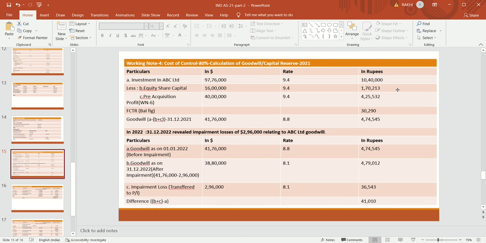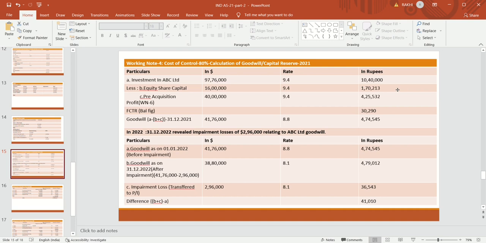And the opening balance of the goodwill on 1st January 2022 will be 41,76,000, and at the closing on 31st December 2022 there is an impairment loss of $2,96,000. That impairment loss is also to be taken into consideration.